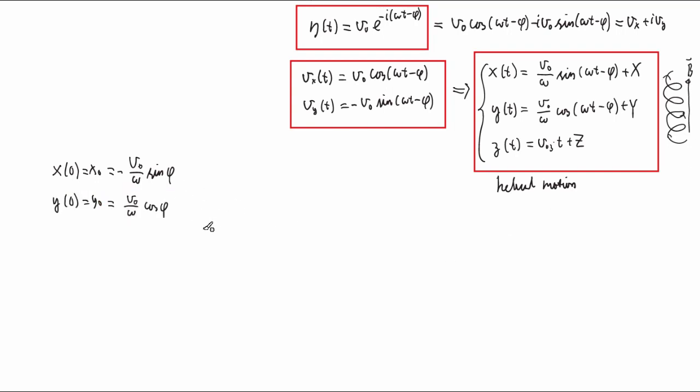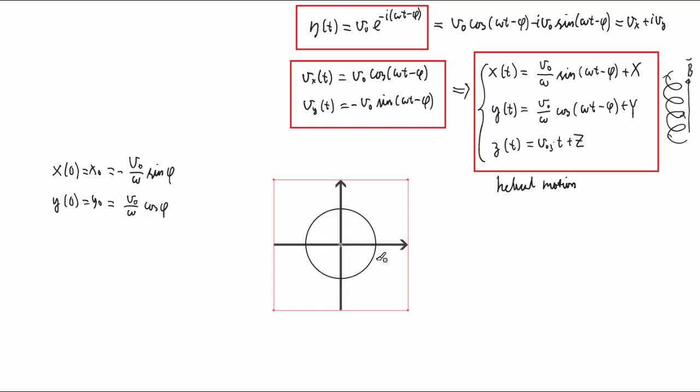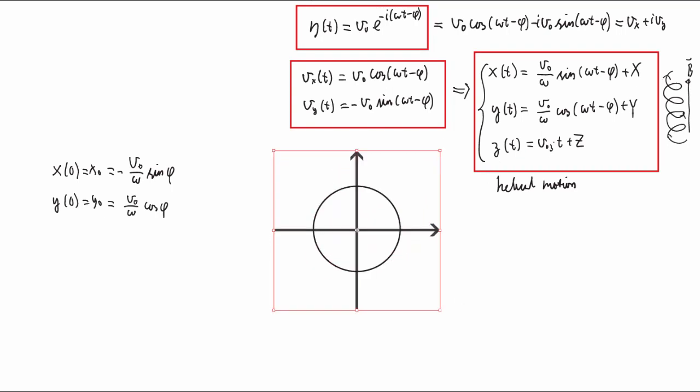Okay, so if we then illustrate graphically what the solution looks like, let's make it a bit bigger. Then we are starting out at some point x0, y0, and then we are moving from this point.